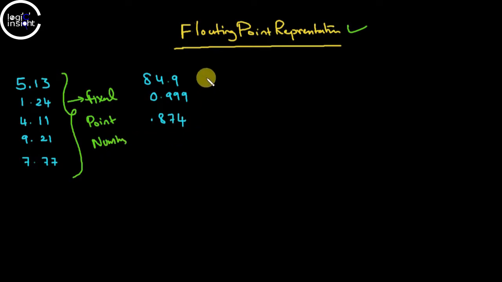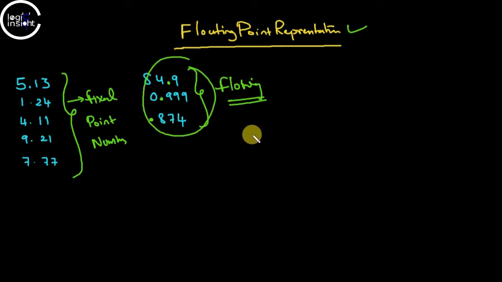Now here the dot is at this position, here at this position, and here at this position, which means the dot is floating. That's why these are called floating point numbers.